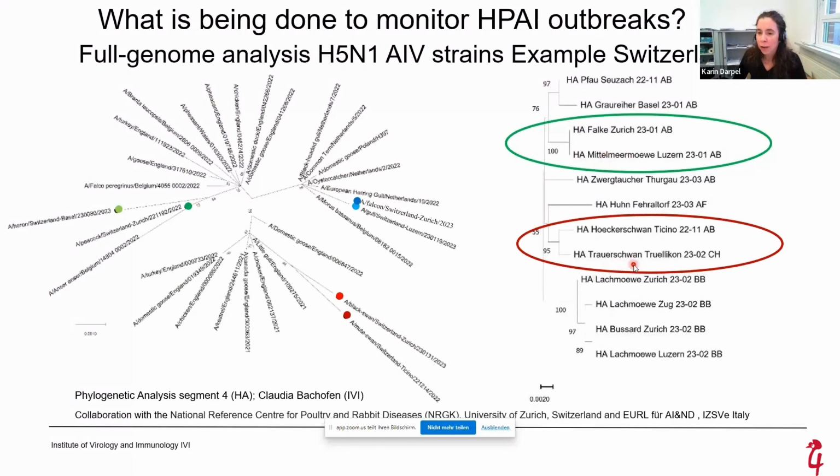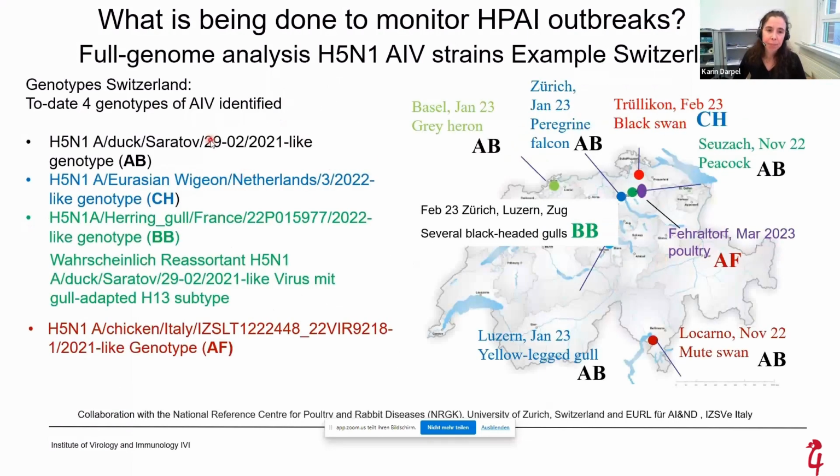But it's also important to realize that although, for example, these two swans are quite closely related genetically in segment 4, they still belong to a different genotype. So that means they must be different in some of the other segments.